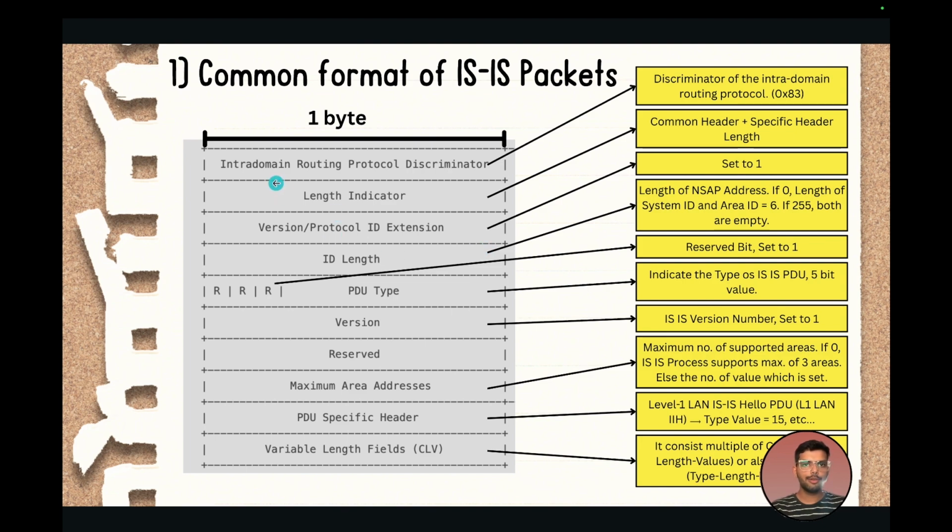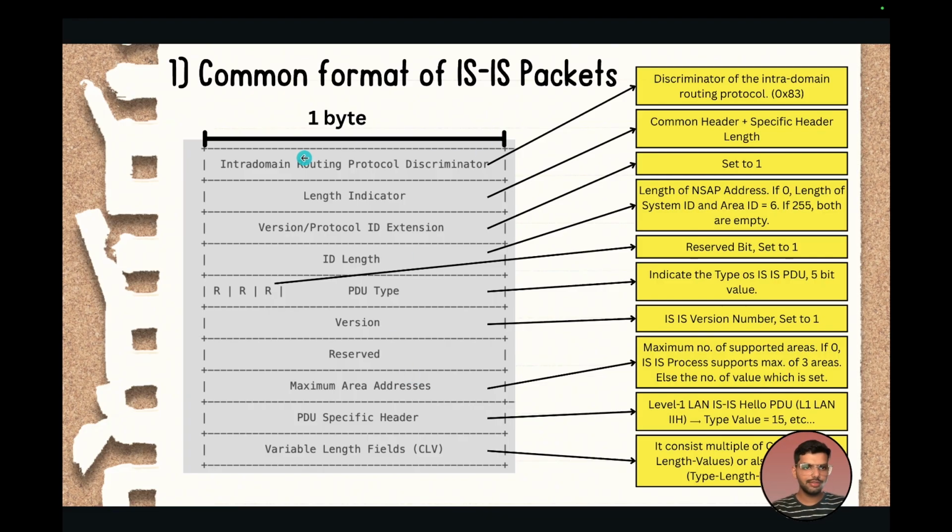Here the PDU-specific header part may vary. The rest, from the intra-domain routing protocol discriminator to the maximum area address, will remain the same in each IS-IS packet that is exchanged to form a neighborship or to exchange the database, right?